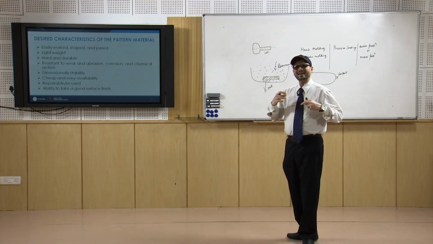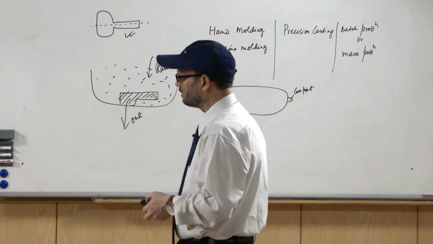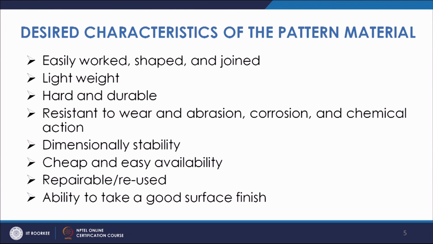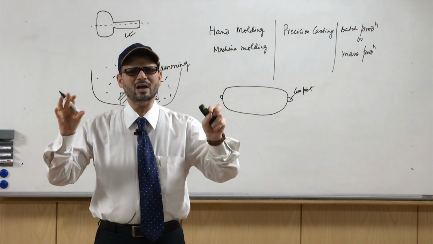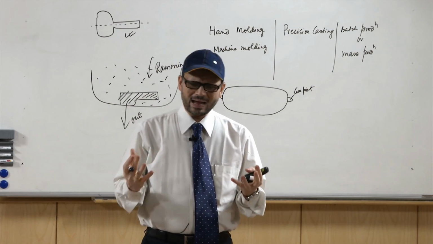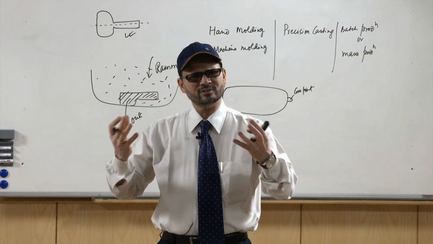Now, what should be the characteristic of a typical pattern material? First of all, it should be easily worked, shaped and joined. We know that the pattern shape has to be the same as that of the casting with certain modifications. So, you have to make the pattern similar to the shape of the casting.